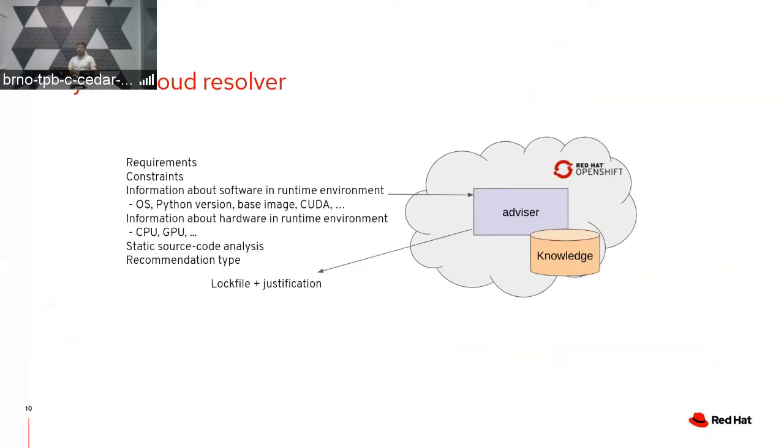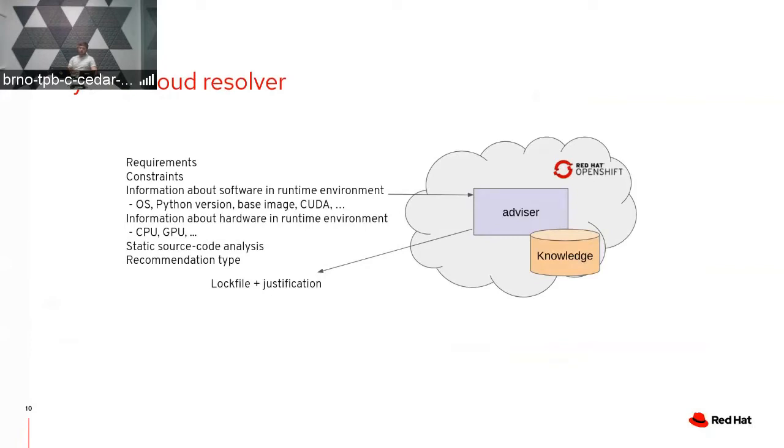As mentioned earlier, the resolver can also use information from static source code analysis. So if you use certain parts of libraries, the resolver can adjust the resolution process accordingly and can also guide on using certain parts of libraries, so users are aware of aspects of libraries as well.